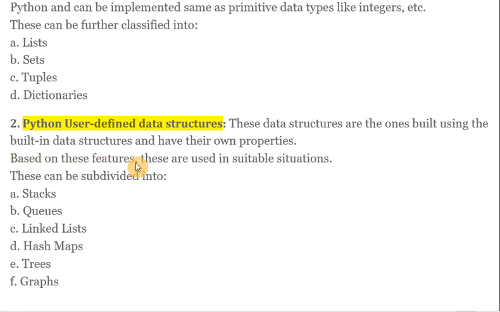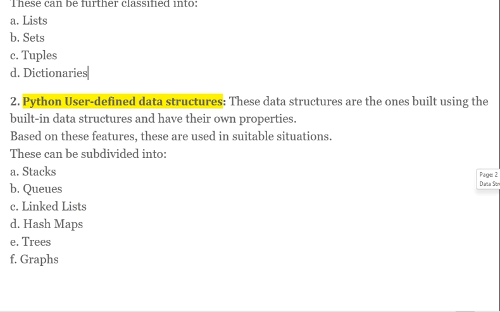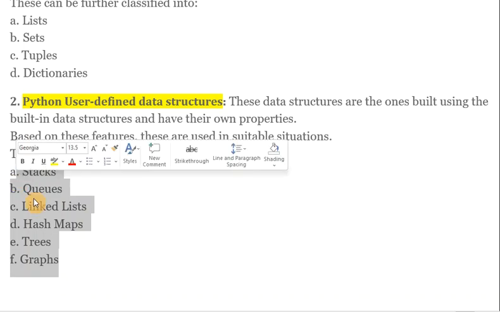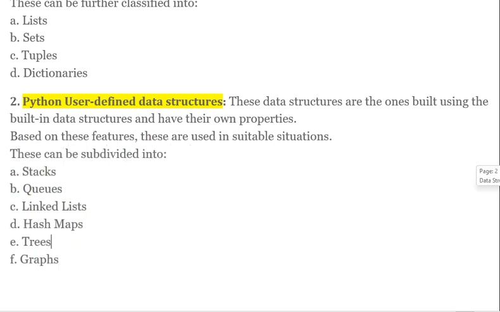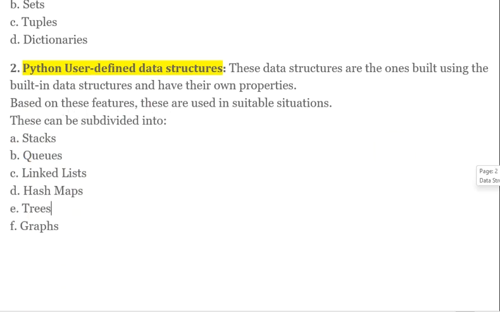Based on these features, they are used in suitable situations. As per the need of the program or project, we can use different data structures. But keep in mind that only four data structures are built-in, and the rest are user-defined data structures created on top of the built-in data structures.